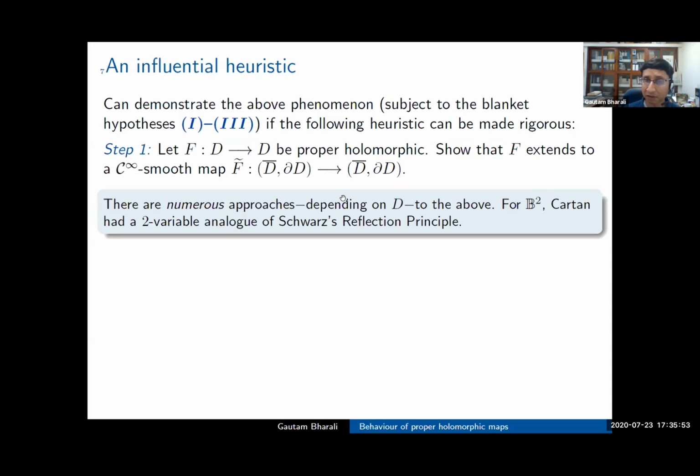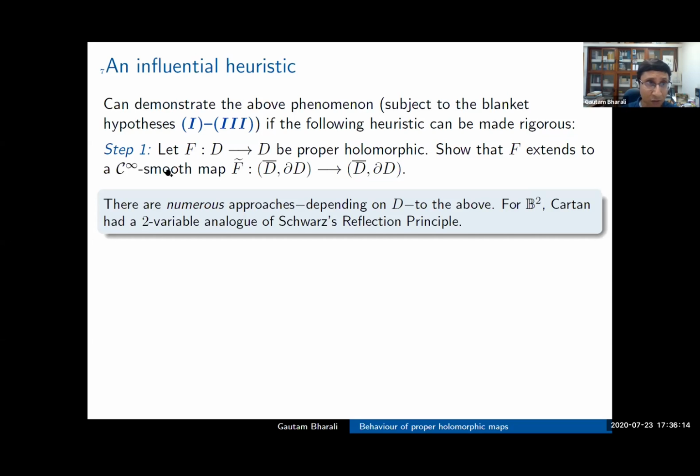The first, I've got to mention this, the first result of this kind was for D being strictly pseudoconvex. I haven't defined what I mean by strictly pseudoconvex. I'll come back and give you the definition so as not to interrupt the flow of thought.